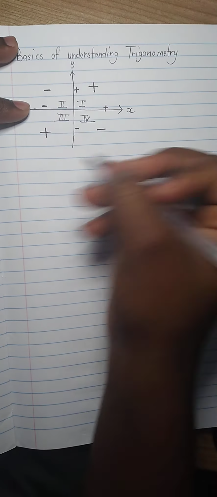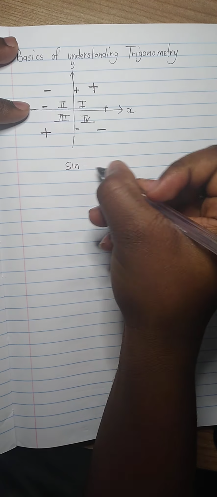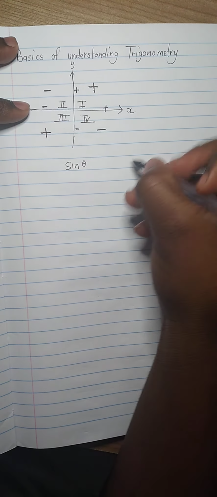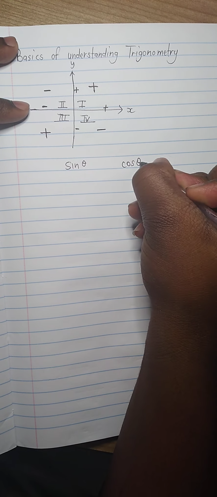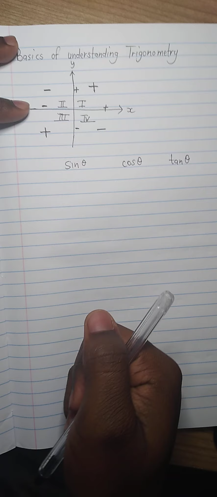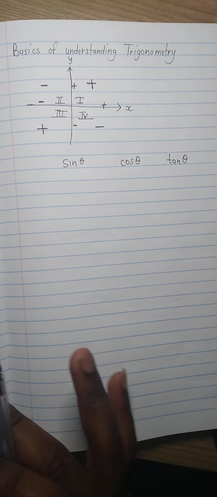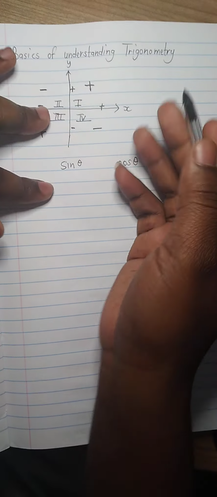But then in trigonometry, we have what we call sine theta, cos theta, and tangent theta. These are the three basics that you will find. You will never find anything beyond this unless it's the reciprocals.